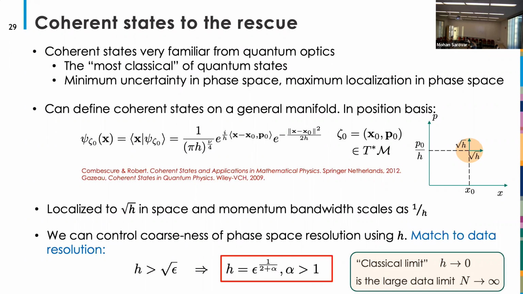I have backup slides that maybe I can get to at the end on that. You can interpret this as a Fourier, but you can't derive this relation from the Fourier instance. This relation comes from thinking about quantizing, embedding the classical dynamics with finite data in open space and propagating a quantum mechanics. So that quantum interpretation is essential to figure out what the h should be and what the relation to epsilon is.